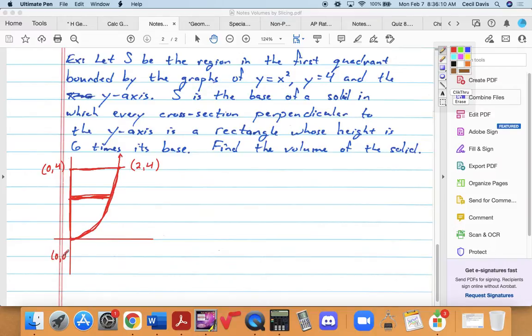This point is 0, 0. This point, well, the x-coordinate is going to be 0, right? And the y-coordinate is going to be some random y value. And if y equals x squared, then what does x equal?